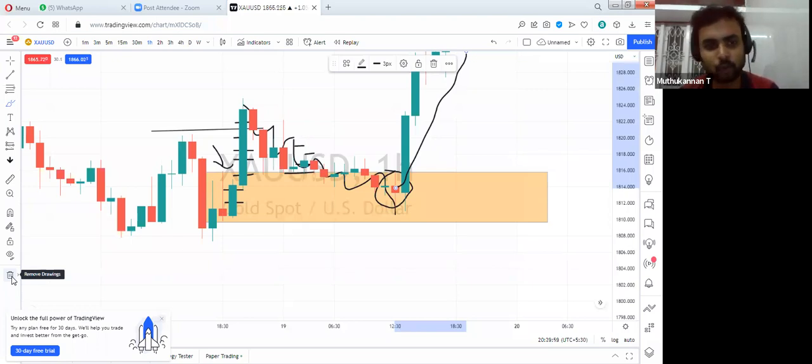They know each and every strategy. The smart money knows each and every strategy the retail traders are using. They know how the retail traders will be trading, where retail traders will be trading. Whenever retail traders see the double top, double bottom, they will be buying, selling. Right? They know that.